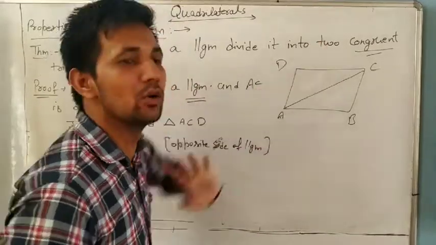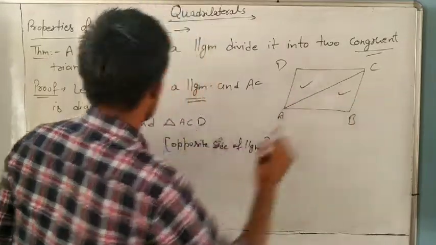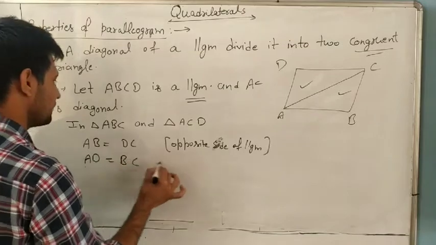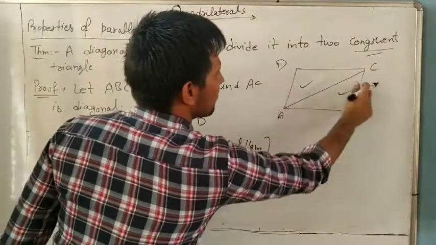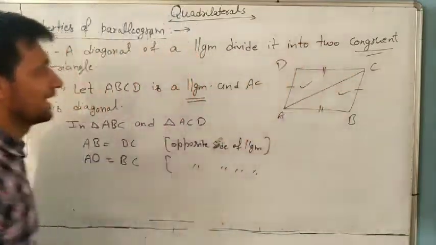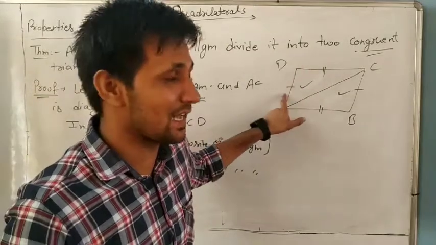Next, in these two triangles, AD equals BC also. Why? Opposite sides of a parallelogram. So AD equals BC, and AB equals DC. We already proved that these two sides are equal.